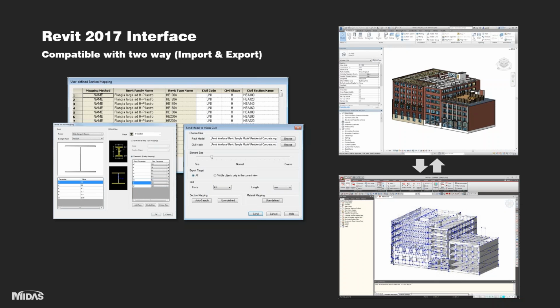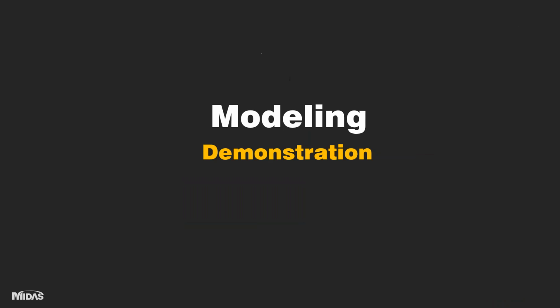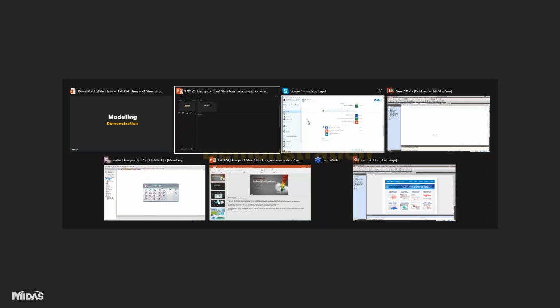Recently we added the 2017 version Revit interface. So if you have the model file in Revit, you can directly import from Revit to MIDAS. Not only the geometry of the model, but you can also import the loading or boundary conditions from the Revit model file to MIDAS. For the modeling part, I will show the simple things in the demonstration.